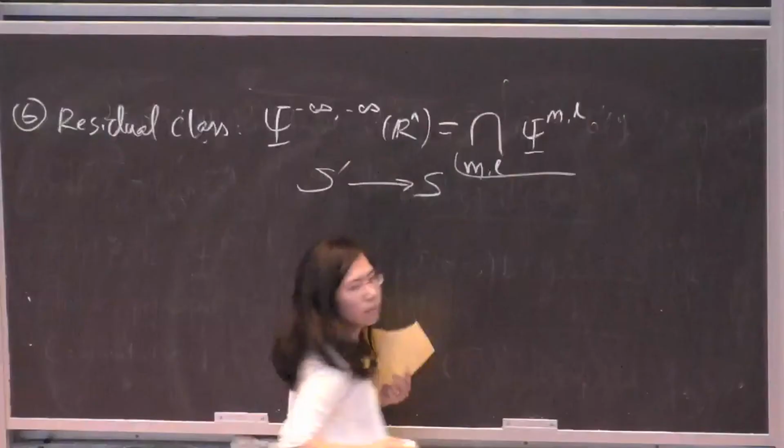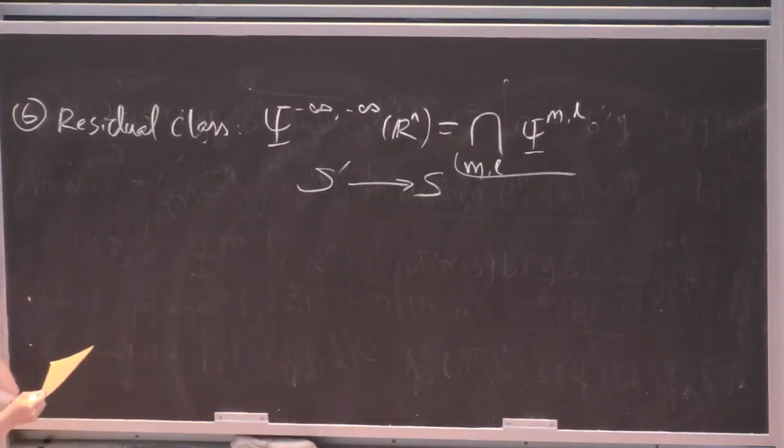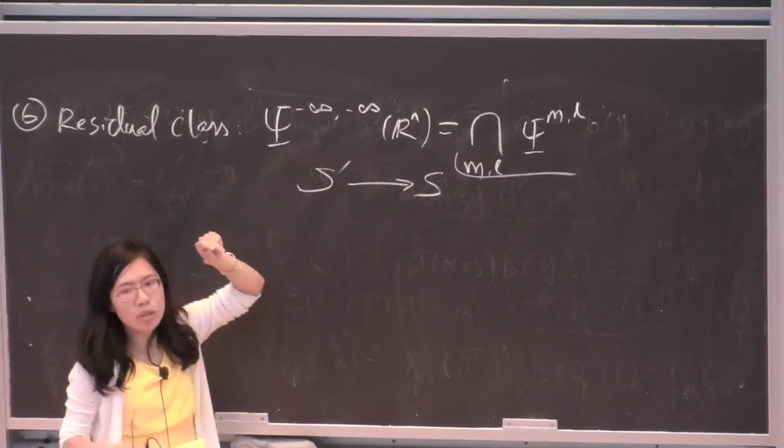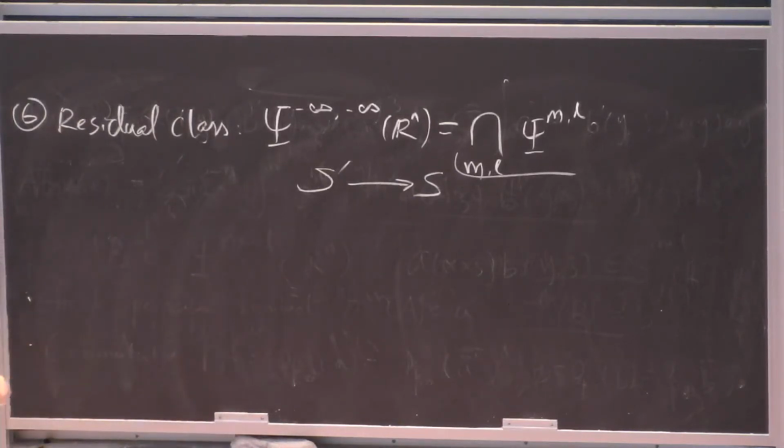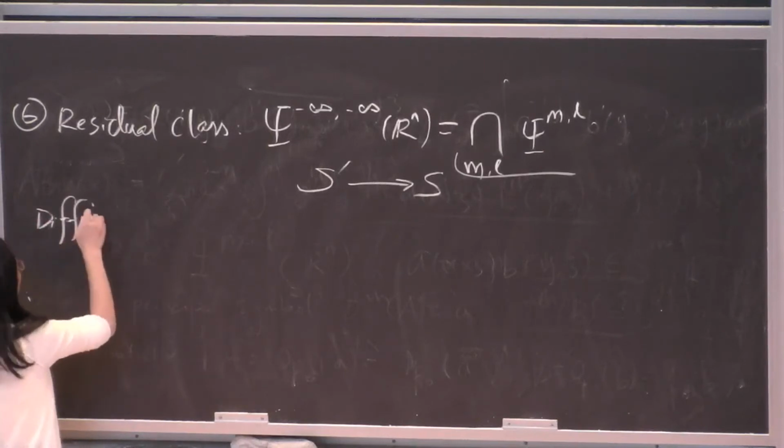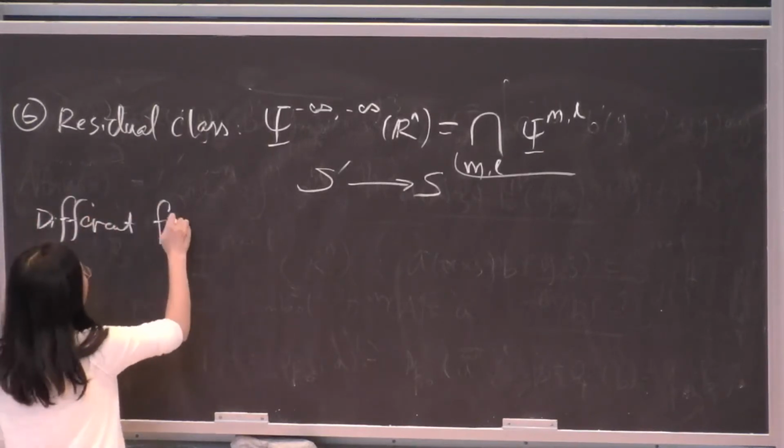And in comparison with the Kohn-Nirenberg symbol class, what we see here is that if you take an operator here, then the integral kernel of this operator is actually in Schwartz functions, not just in C-infinity.